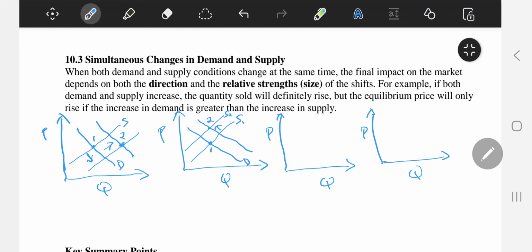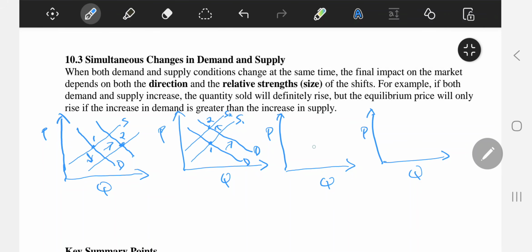What has happened there is that there is an increase in demand and a decrease in supply. So prices will increase, but quantity, we are not certain if it's going to increase or remain the same, but prices for sure are going to increase.